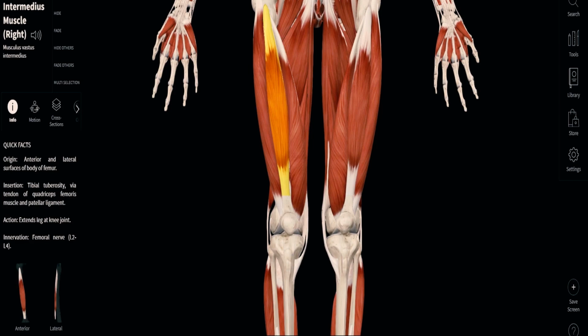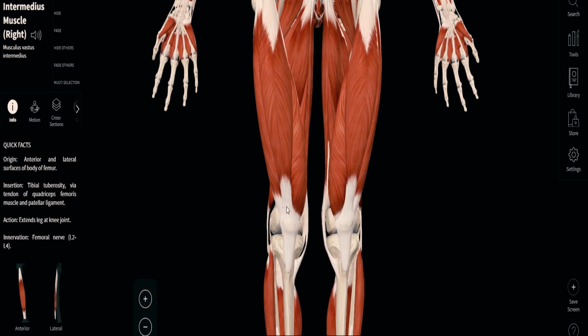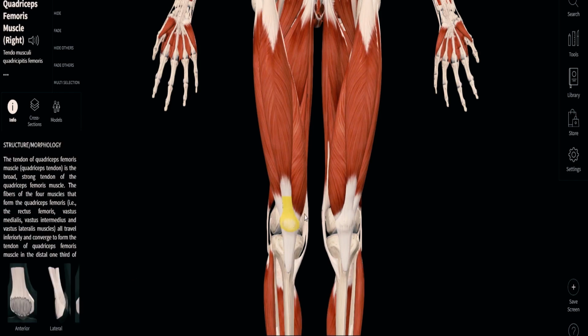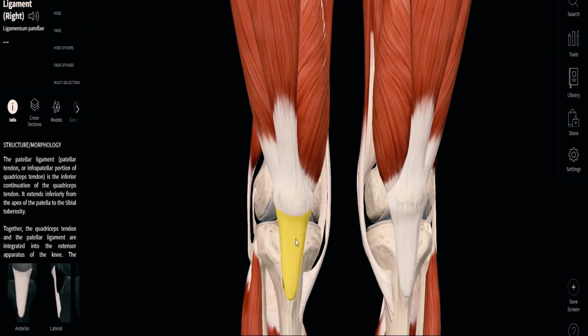There it is, hidden away: the vastus intermedius, the middle one, just underlying the rec fem. All of these together converge into the quadriceps tendon up top, insert into the patella, the kneecap, and then into the patella tendon.